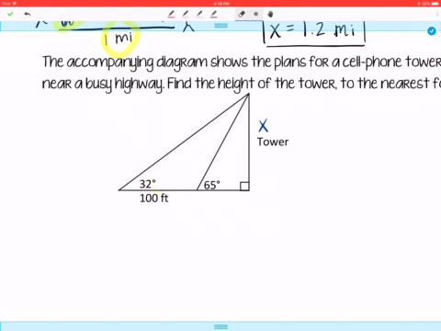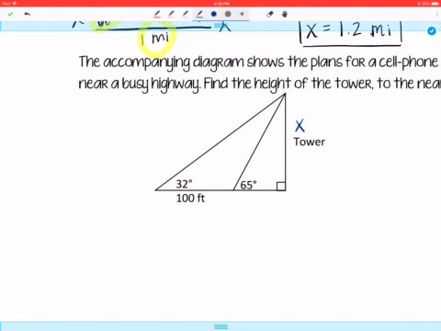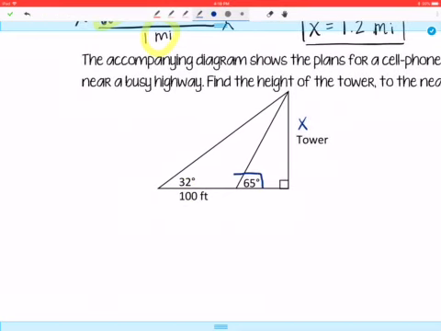Similarly to the first one, you know that 65 degrees and the angle next to it should make a linear pair. So if we took 180 and subtracted 65, that would give us 115 degrees. And then we could say 180 minus 115 minus 32, and that would give us that the angle at the top is 33 degrees.